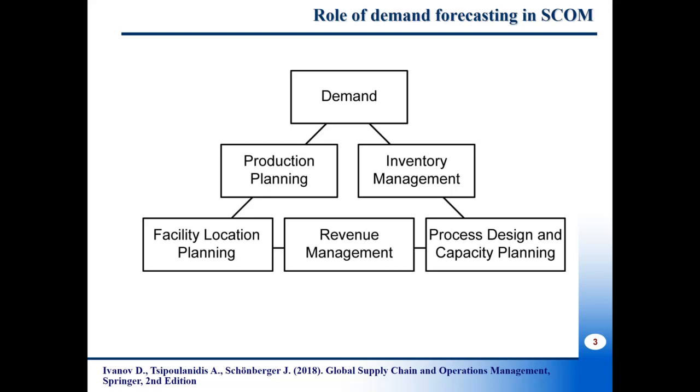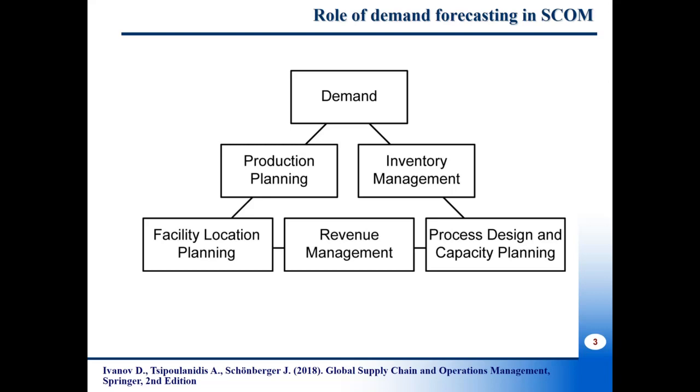About how much to produce and what price a product needs to be sold, revenue management receives information from both facility location and process design and capacity planning, and therefore it enables revenue management to calculate price sensitivity of demand.